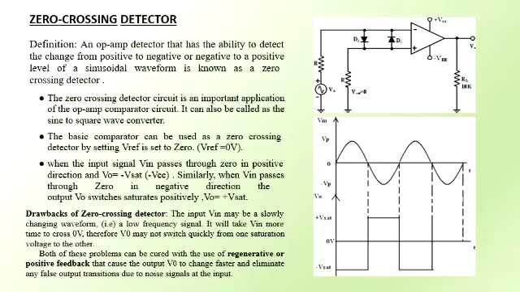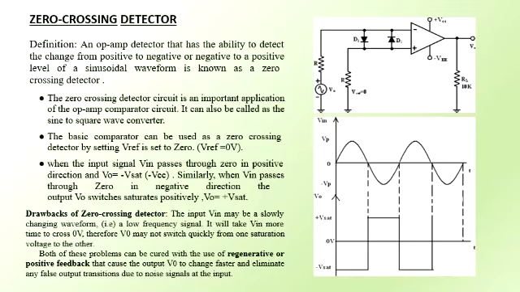The basic operation: the basic comparator can be used as a zero crossing detector by setting the reference to 0. When the input signal V in passes through 0 in a positive direction, then the output V0 becomes negative saturation.